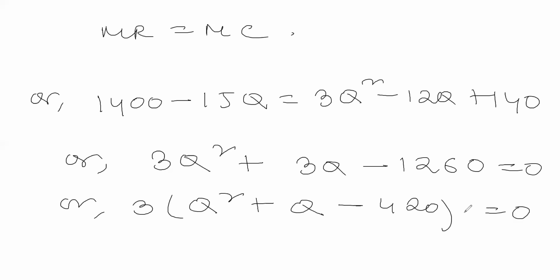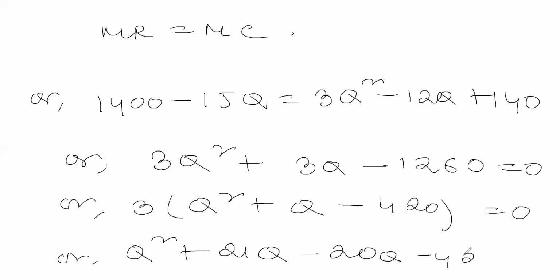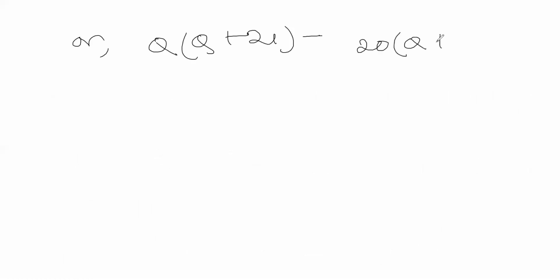If we split the middle term, we get Q square plus 21Q minus 20Q minus 420, which is equal to 0. Now from here, let's take common factors. If you take Q in common, you get Q into Q plus 21, minus, if you take 20 in common, you get Q plus 21, which is equal to 0.